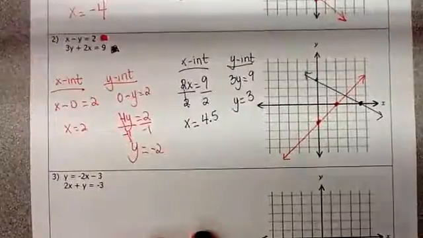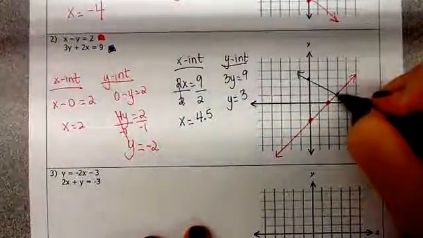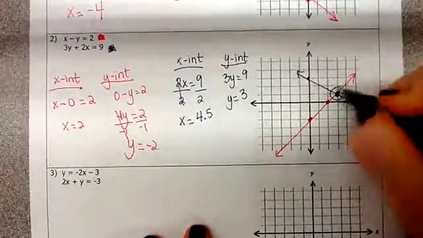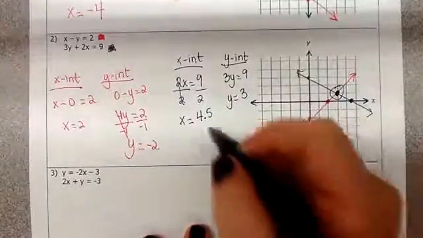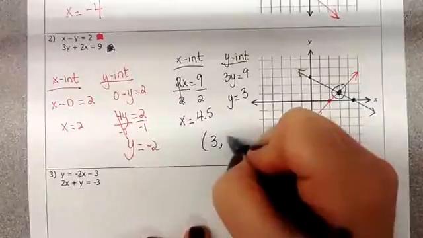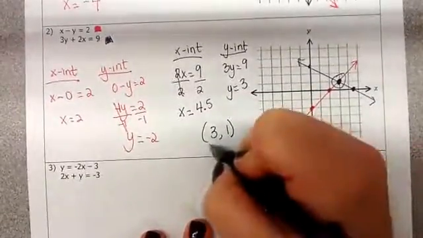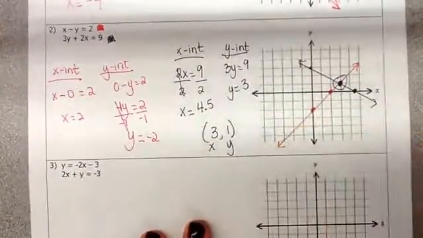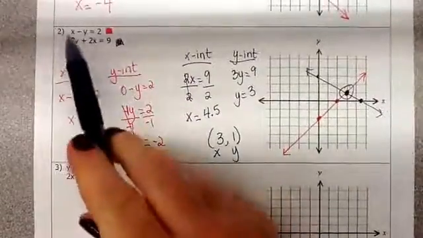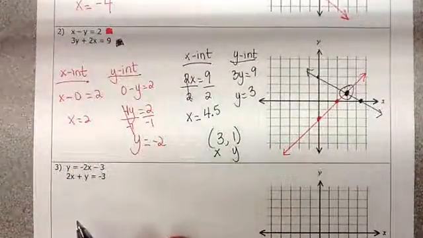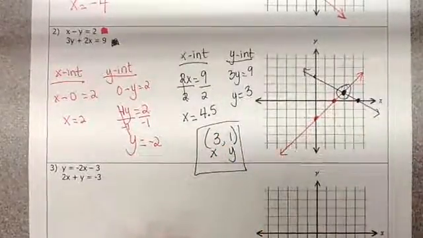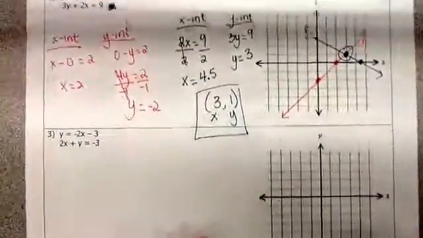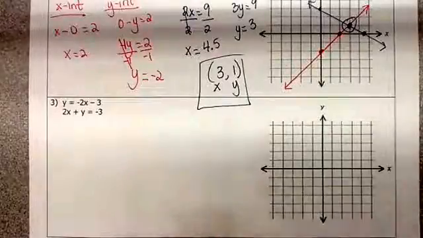How many times do these lines cross? Once. One solution, and what is that solution? 3, 1. So if x is 3 and y is 1, both of these equations would be true. So your solution is x is 3, y is 1. Go ahead and try number 3 on your own.